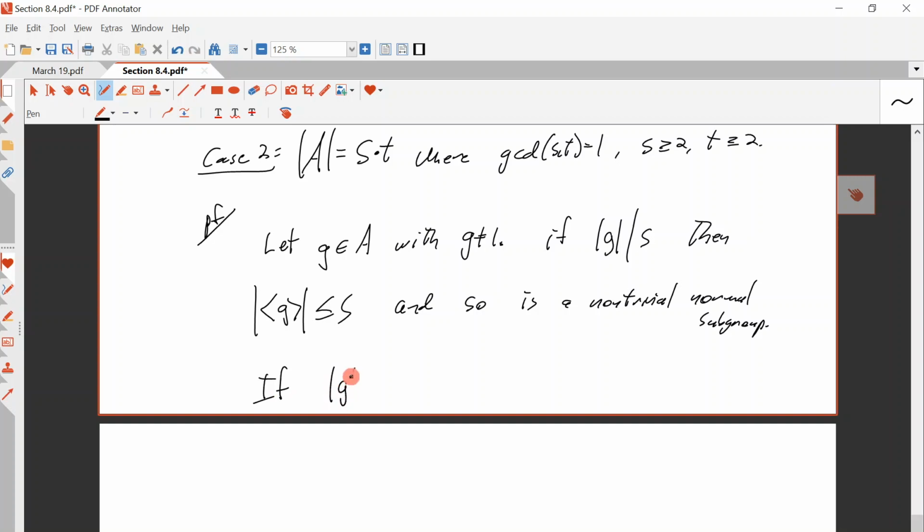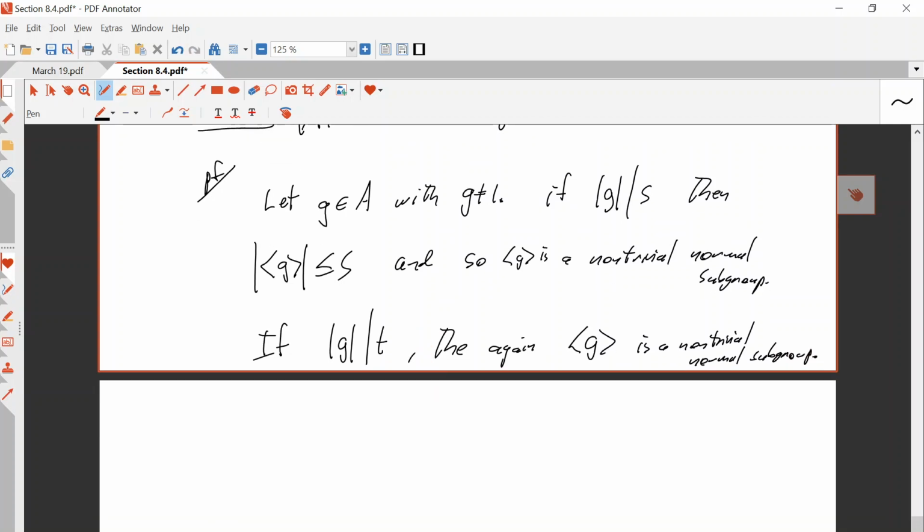If the order of g divides t, then again, g generates a non-trivial normal subgroup.